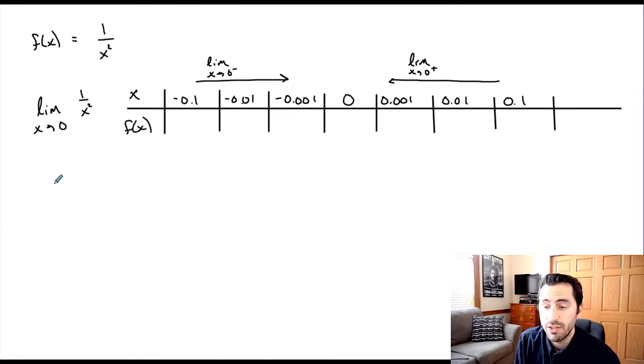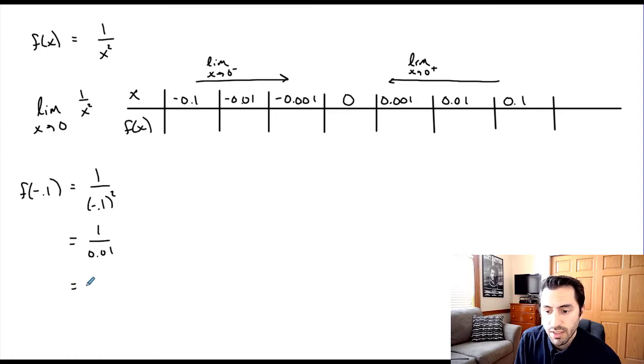So I'm going to take each of these values of x and plug them into my function. Just to show you the first one, f of negative 0.1, I have 1 over negative 0.1 squared, which is going to work out. The negative times a negative, we're going to end up with 1 over positive 1/100th.